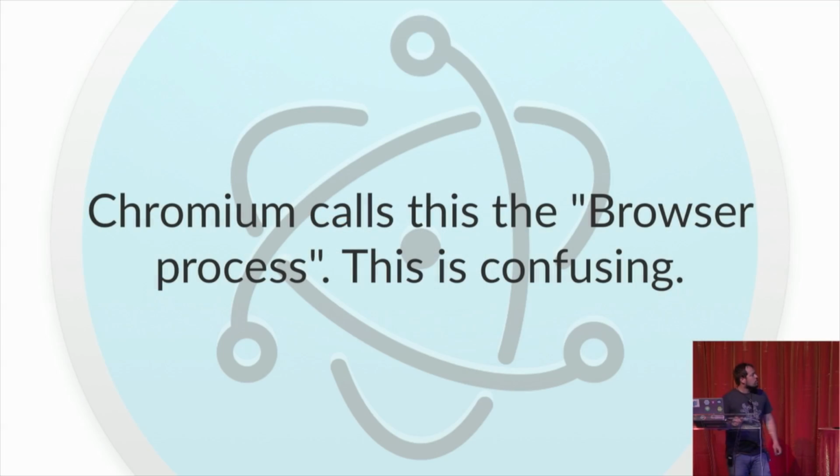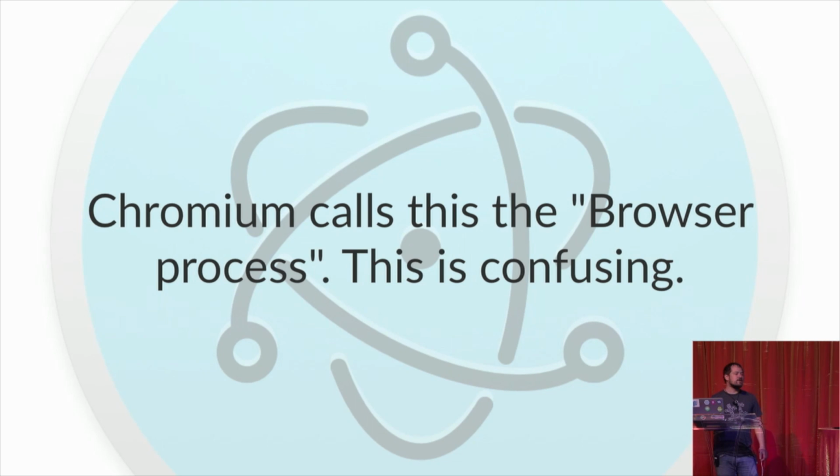We're effectively the same as if you type node some script. So that's the beginning of every Electron application. Chromium calls this the browser process, even though there's no browser. This is confusing. Chromium picked the worst terms ever to explain what these are, but if you see the browser process, you have to know that there is no browser.